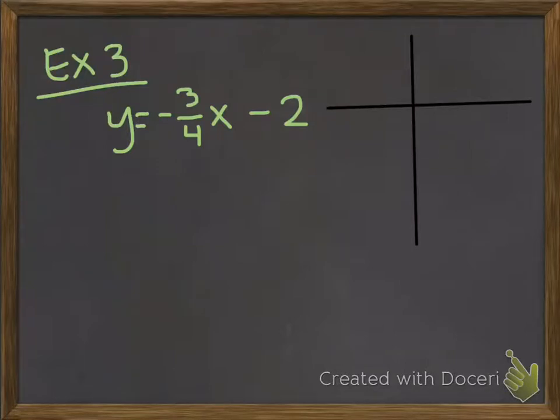Example 3, y equals negative 3/4 x minus 2. You're going to have the y-intercept first, which is at negative 2. So you're going to put a point at negative 2. And then the slope is negative 3/4. So instead of going up, you're going to go down 3 and to the right 4.